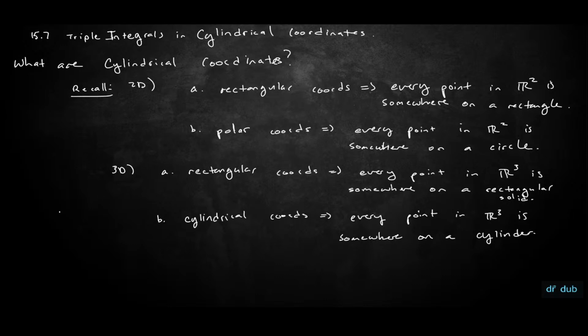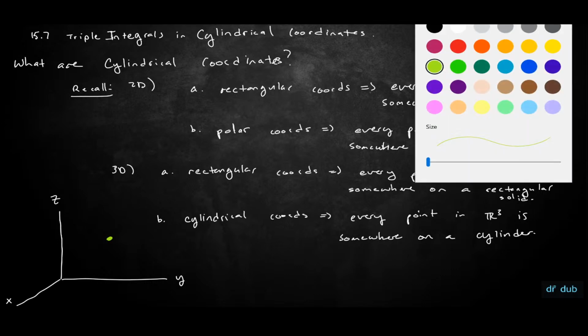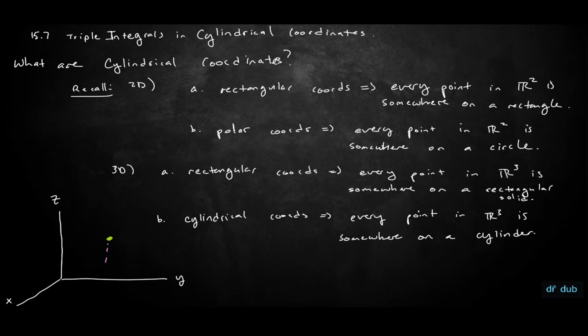So if we draw three-dimensional space in the X, Y, and Z setup, it looks like this. And we might have a point out here. This might be our point. And that point could be projected down into the XY plane, like this.